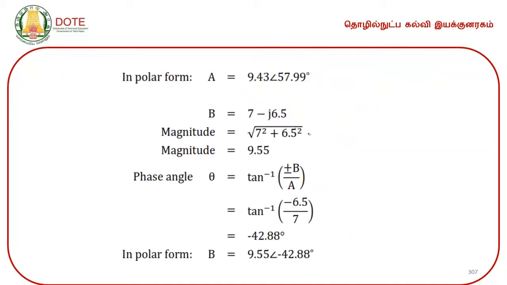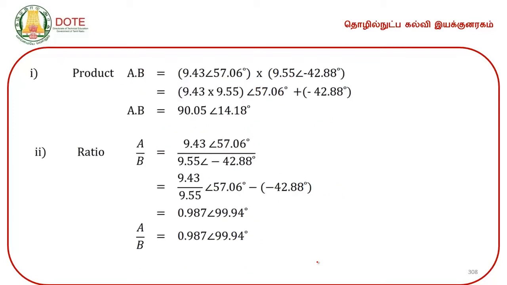So, 7 square plus 6.5 square yields 9.55. Phase angle is tan inverse of B by A, which is minus 42.88. So, the equivalent polar form is 9.55 angle minus 42.88.